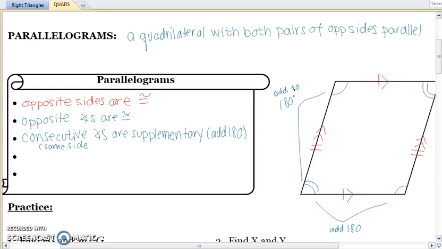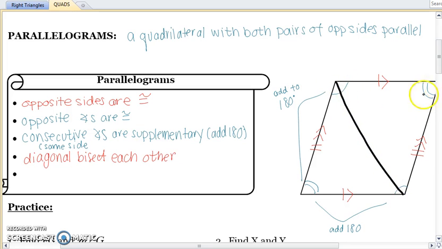We can also say that the diagonals bisect each other. So if we draw our diagonals in this shape, diagonals are drawn just from angle to angle, we can say that this segment is congruent to this segment, and this segment is congruent to that segment.